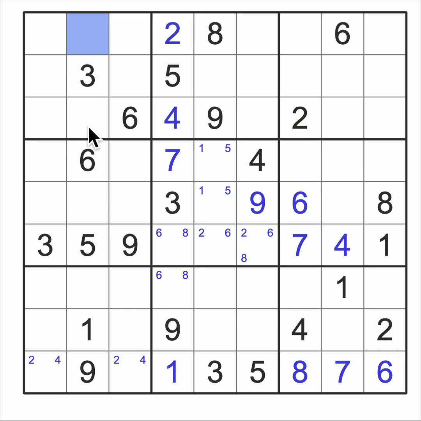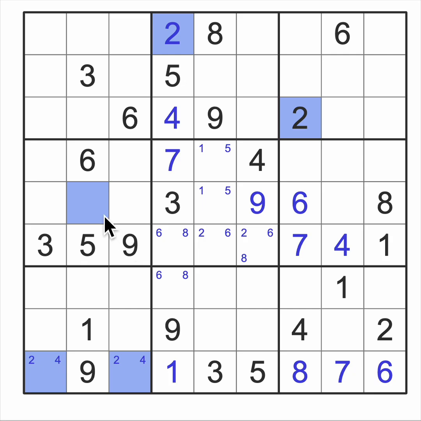And then looking at this column, this cell is blocked by this 2. This cell is blocked by this 2. And this cell cannot be 2 because 2 will be in one of these.